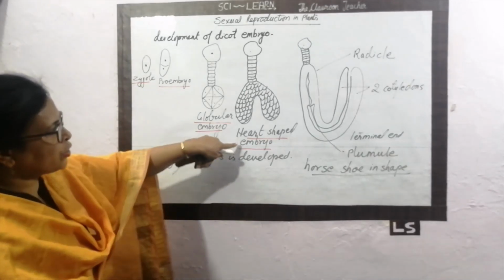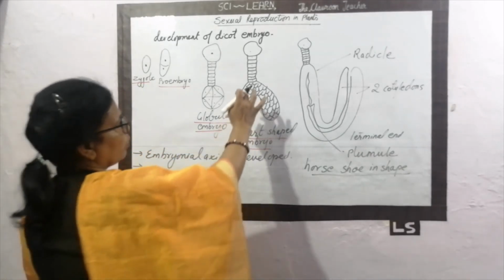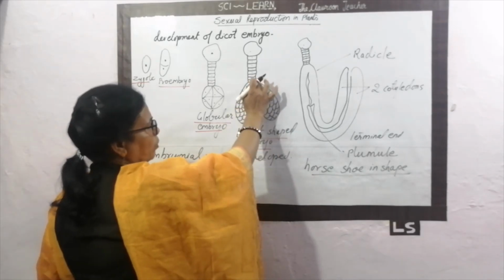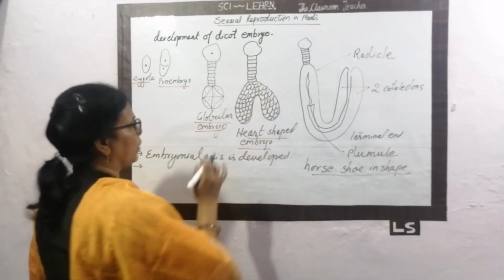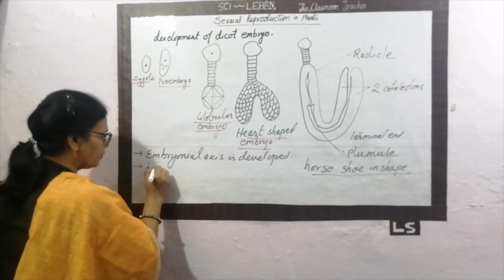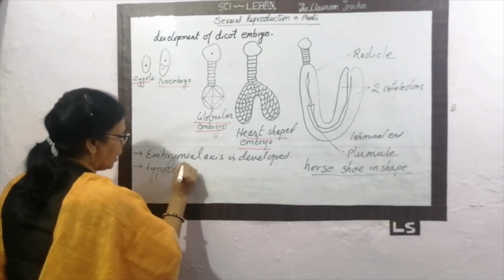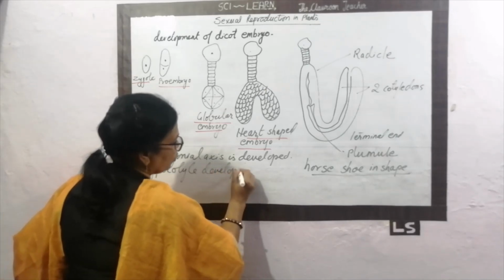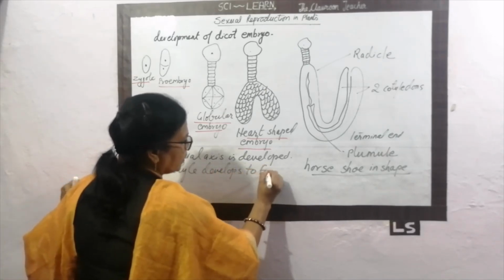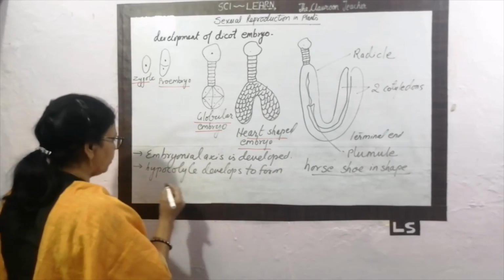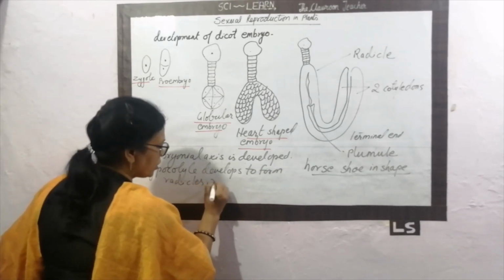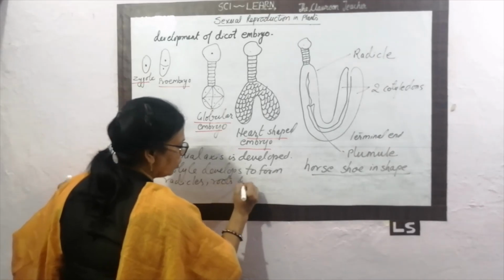In this heart-shaped embryo, there are two ends. One is this, and the second one is this area. This is called the hypocotyl. This one is called the epicotyl. The hypocotyl develops from the lower tier to form the radicle and root cap.